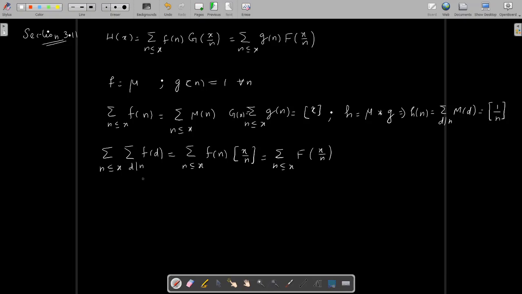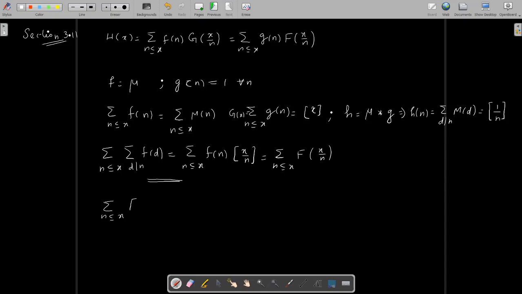So we use this equality. Replacing f by mu, sigma d divides n, f of d becomes sigma d divides n, mu of d, which is the integral part of 1 by n.